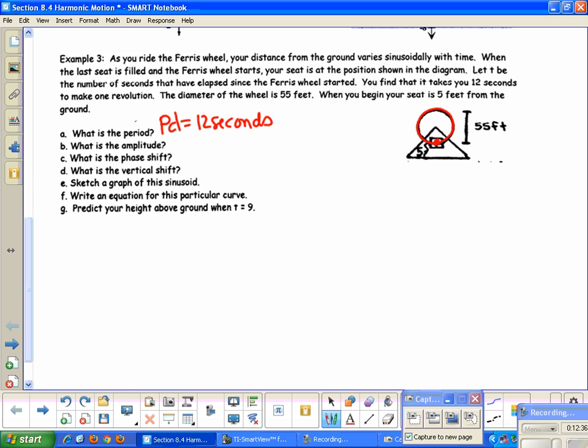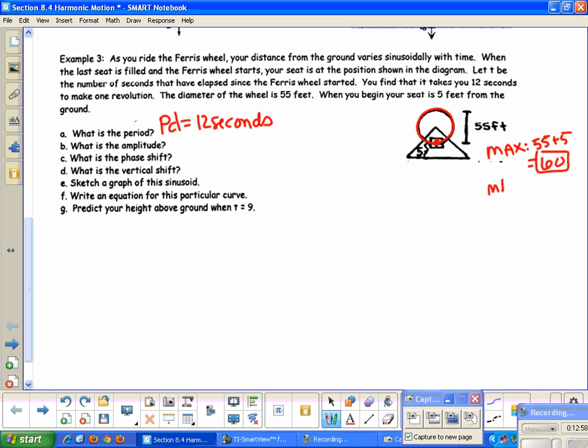Then it says the amplitude. Well, how do I find the amplitude? I need my maximum and my minimum. Well, if the diameter of the Ferris wheel is 55 feet and we're 5 feet off the ground, then I know my maximum value is going to be a value of 55 plus 5, which is of course 60.